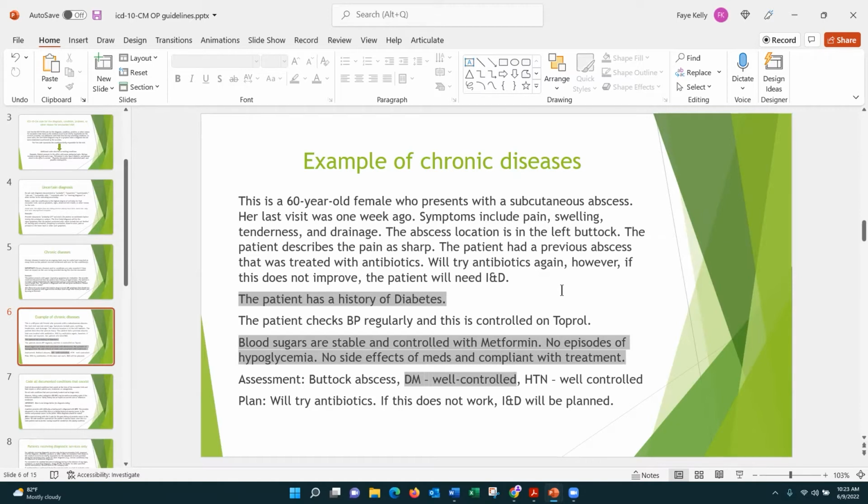It's not that it's history of and it's resolved. And we know that because this patient is on metformin. If that patient didn't have diabetes, she wouldn't be on metformin. And if you have diabetes, it's not going to go away.